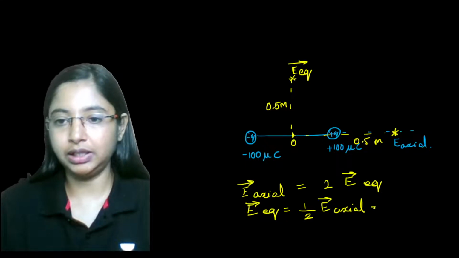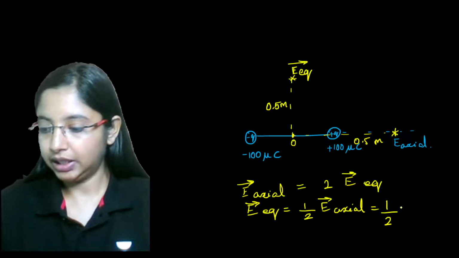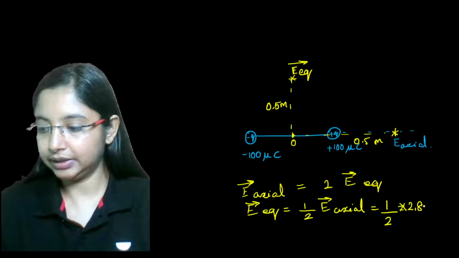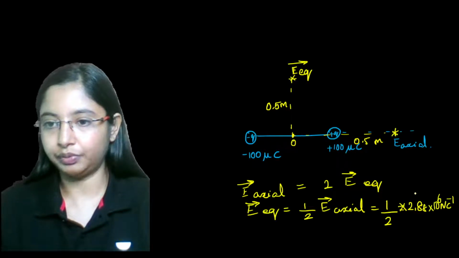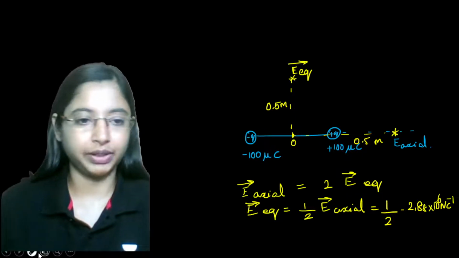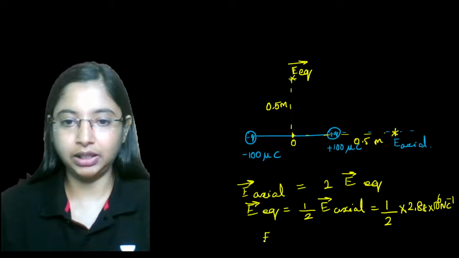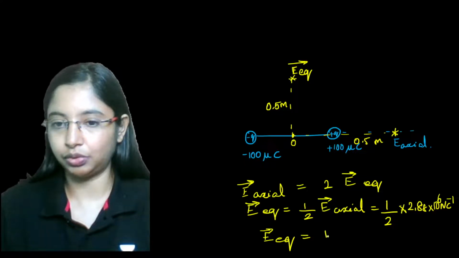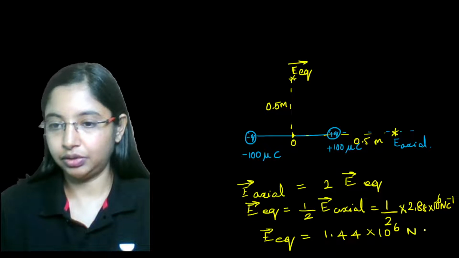We know the strength on the axial line, we just calculated that. That was 2.88 into 10 to the power of 6 Newton per coulomb. If you divide this by 2, the equatorial value will be 1.44 into 10 to the power of 6 Newton per coulomb.